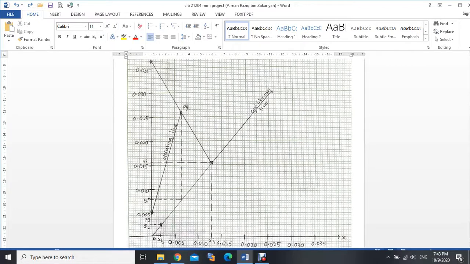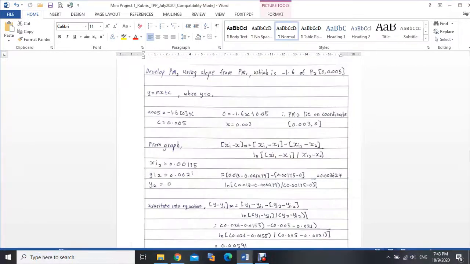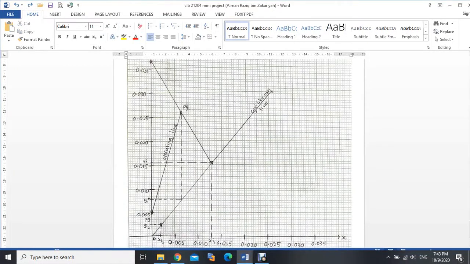After we get the values of XI2 and YI2, we can find X2 star, Y2 star, Y1 star and X1 star based on the graph.